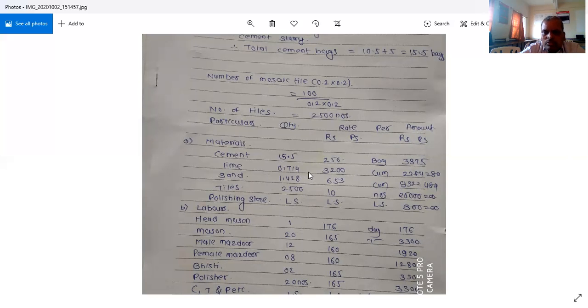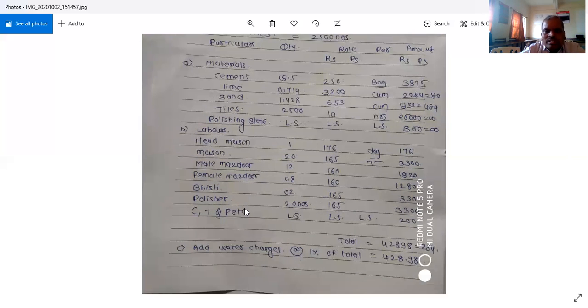Lime 0.714, the rate is 3200 per cubic meter, so it is 2284.8. Sand required is 1.428, 653 is the rate per cubic meter, so it is 932.484. Tiles required are 2500, the rate per tile is 10, so 25,000 will be the rate. Polishing stone lump sum we can take it as 300 rupees.